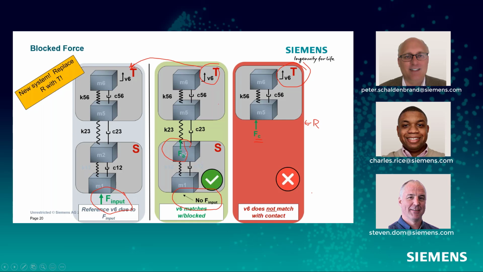That's the key part here. You go from not knowing the input force, you've characterized a blocked force potentially on an infinitely rigid structure, and you're now applying that to the combined system, and you forget about the original input force because you've never had access to that anyway, right?